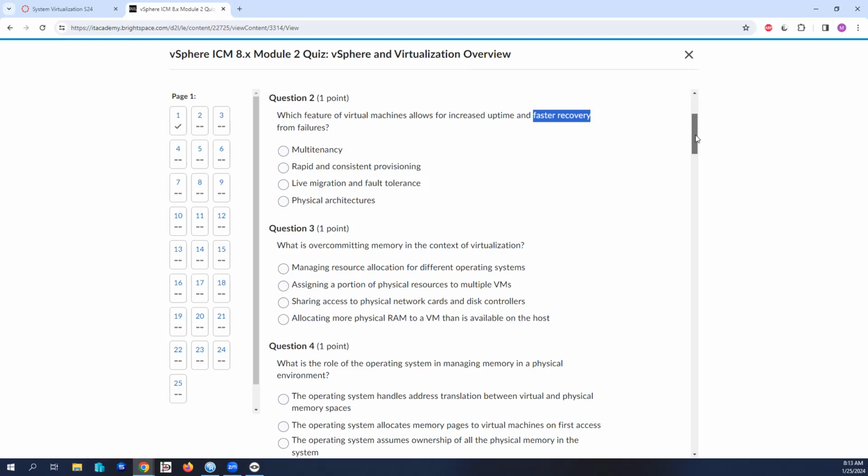So this was in the PowerPoint: multi-tenancy, rapid and consistent provisioning, live migration and fault tolerance, physical architecture. So what do you think does increased uptime of virtual machines?